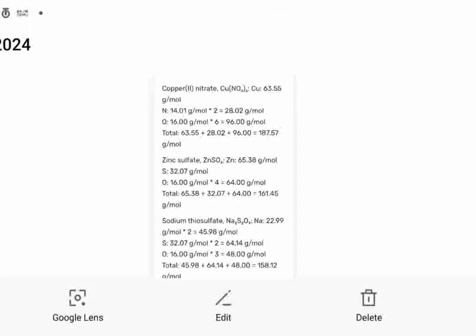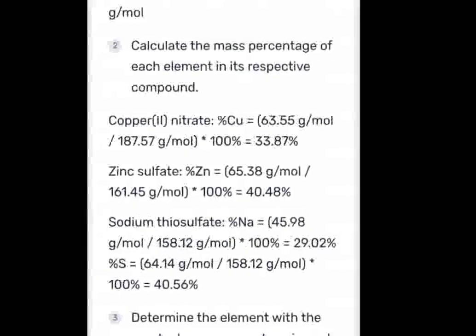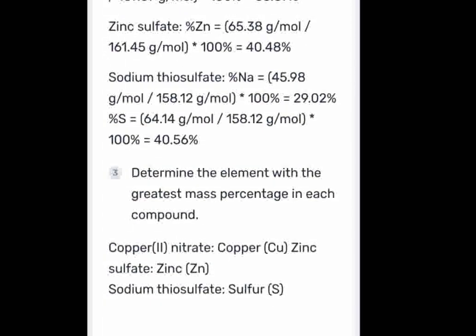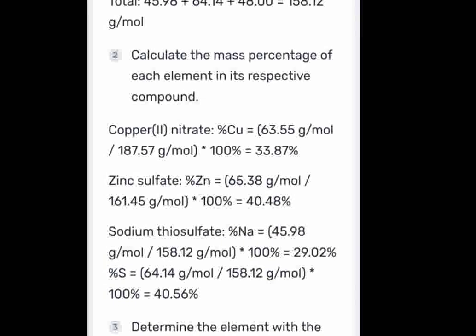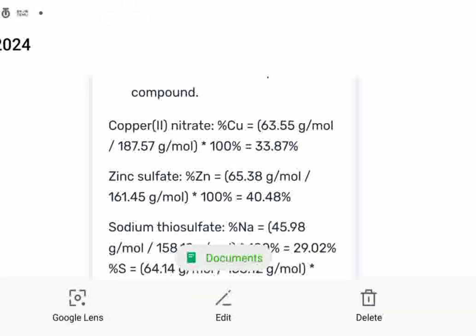First of all, calculate the molar mass of each compound: sodium thiosulfate, zinc sulfate, and copper nitrate. Then we need to calculate the percentage by mass. So for copper, the mass of copper divided by molar mass, times 100. Then for zinc, and then for sodium, you can calculate for each. Then we get the answer, and the correct option here is the D option.